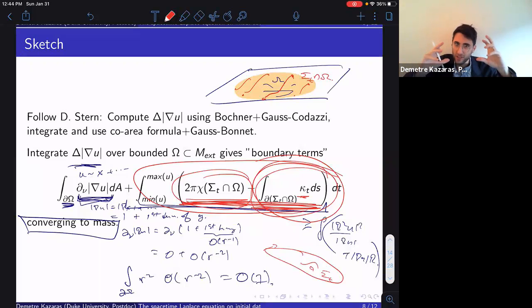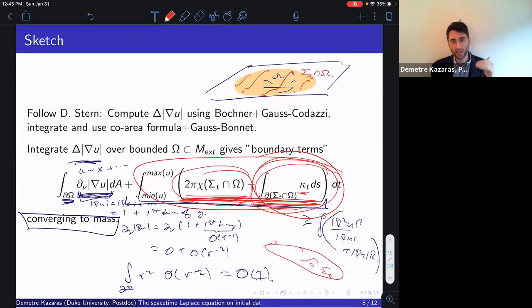They almost go to zero, but you can't quite say that they go to zero. And in fact, they converge to the mass of the manifold. To see that, you have to do some detailed calculations that aren't exactly appropriate for this context. But nevertheless, you can see. You always have to do some work if you want to prove the positive mass theorem. There's always some significant calculation, and that's what goes on here.